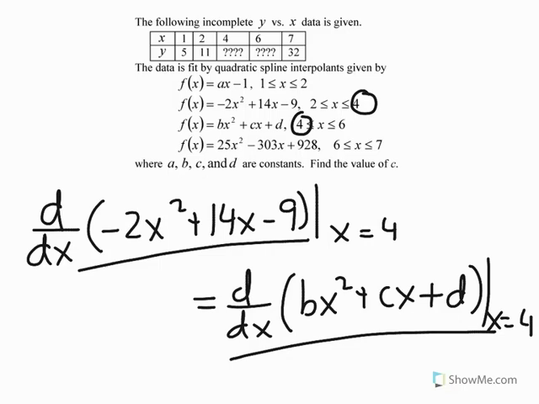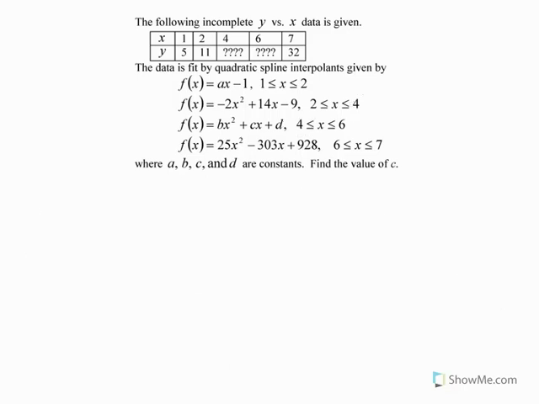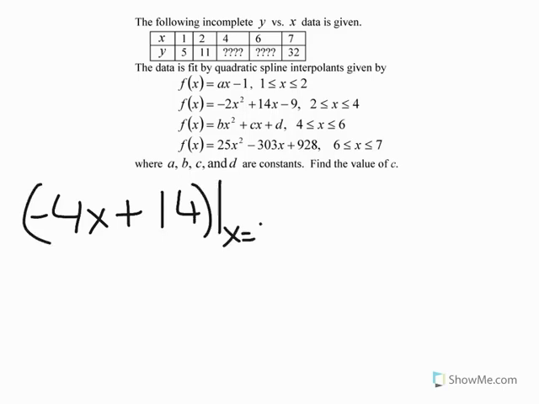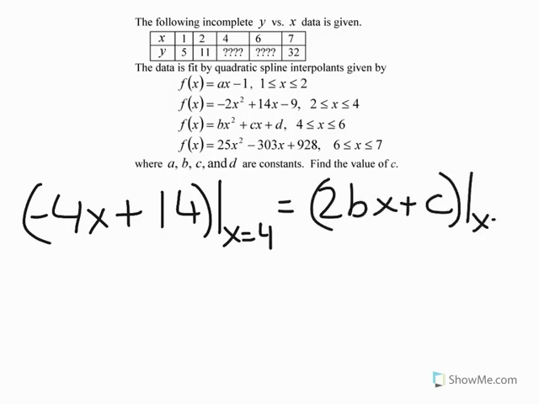So what that gives me is as follows. It gives me minus 4x plus 14 at x equal to 4 will have to be equal to 2bx plus c at x equal to 4.